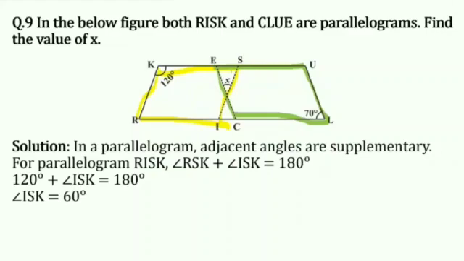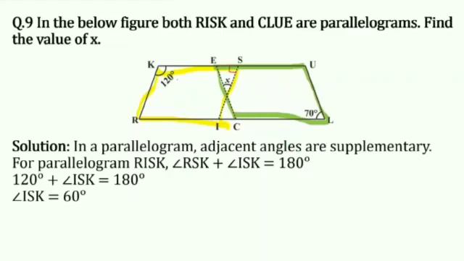I, S and K. Let me change the color. We are going to talk about this angle. So this ISK is the adjacent angle of this RKS, which is 120 degrees.